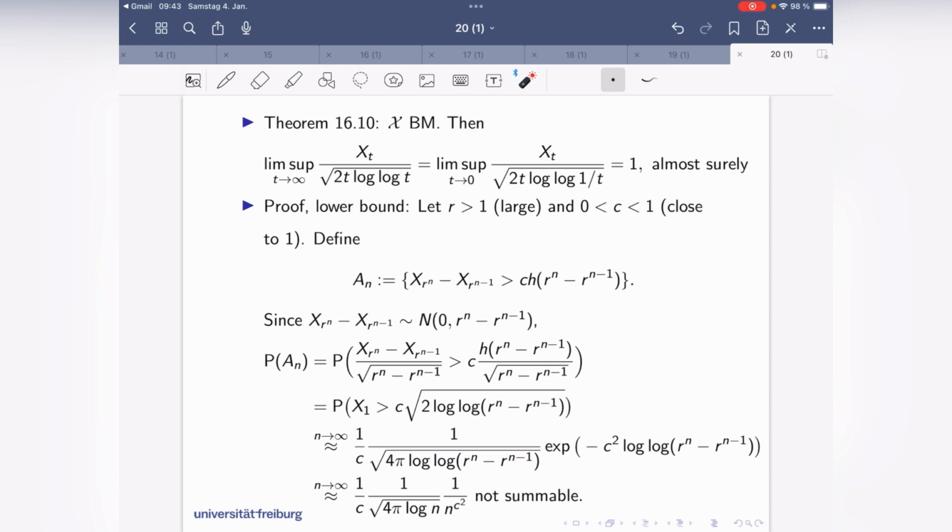And for the right-hand side, h evaluated at this thing is the square root of 2t log log t, and the t goes away with the square root here. So it remains 2 log log of this thing. And r is bigger than 1 and c is less than 1. That's also important.